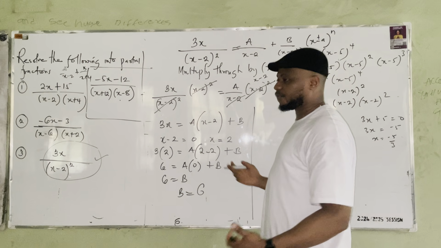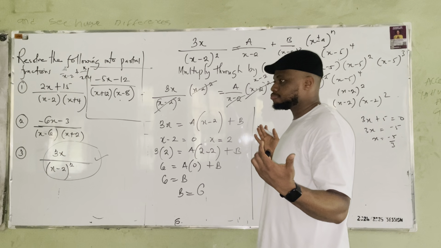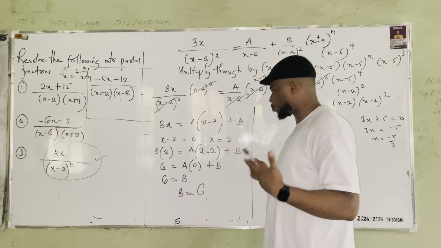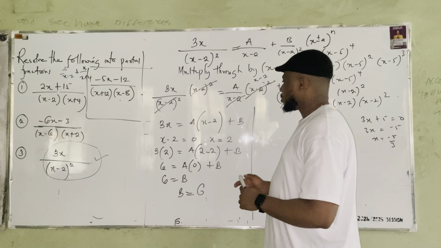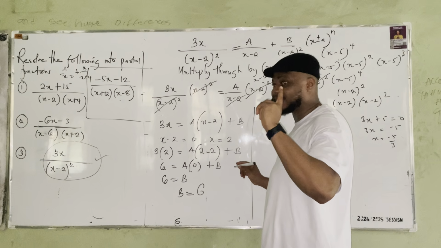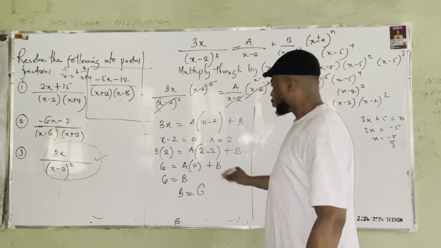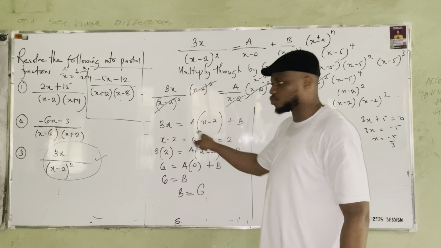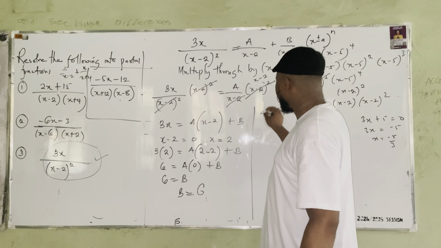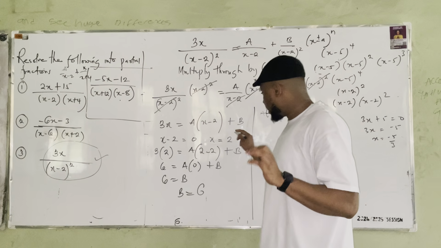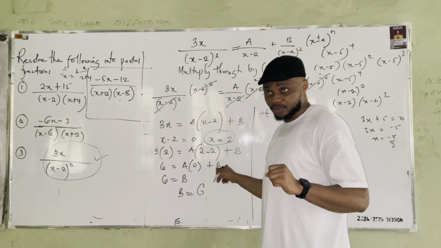So, instead of being in a state of confusion and not knowing what to equate x to, we'll pick a random number, and the best random number to use is 0. Remember, what did we do here? We substituted x equals 2 into this. So this time around, we use x equals 0. We did x equals 2 here, right?